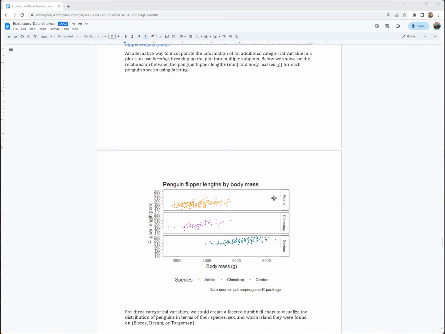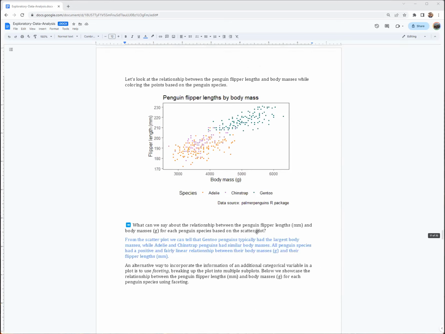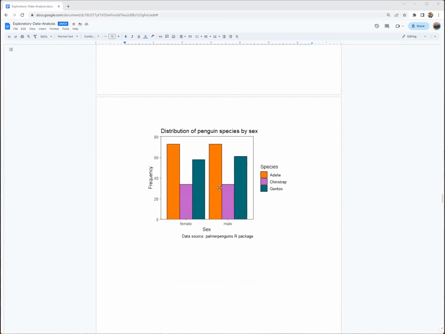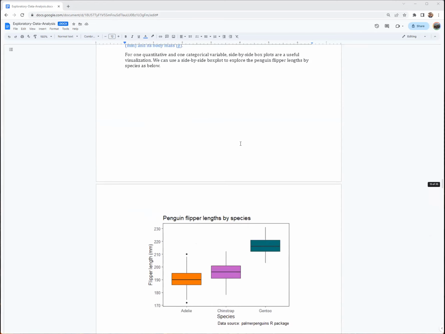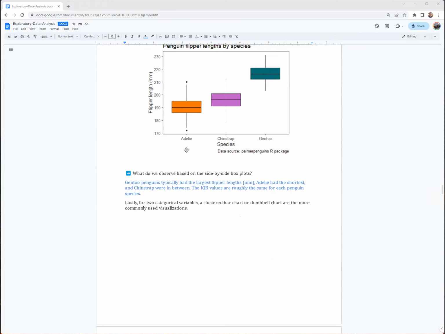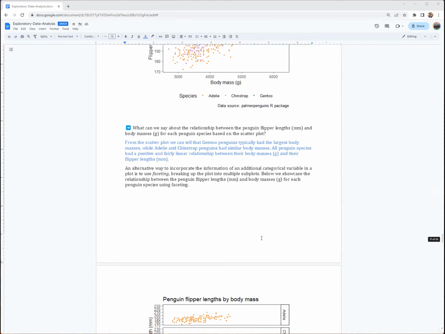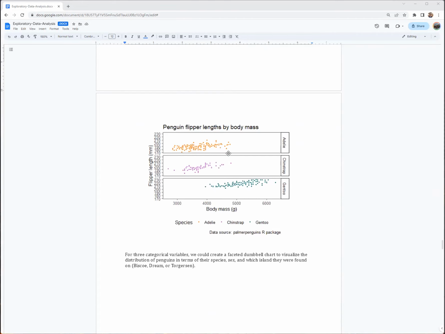You didn't have to here because the facets indicate which subplot is for which species, but it certainly doesn't hurt, especially if you have many different visualizations like a bar chart, a dumbbell plot, box plots, and you want to stick with a common theme. Like in this case, Gentoo is always teal, Adelie's orange, chinstrap is purple. If you're giving a presentation, you could keep the colors consistent to more effectively communicate the results. Okay.